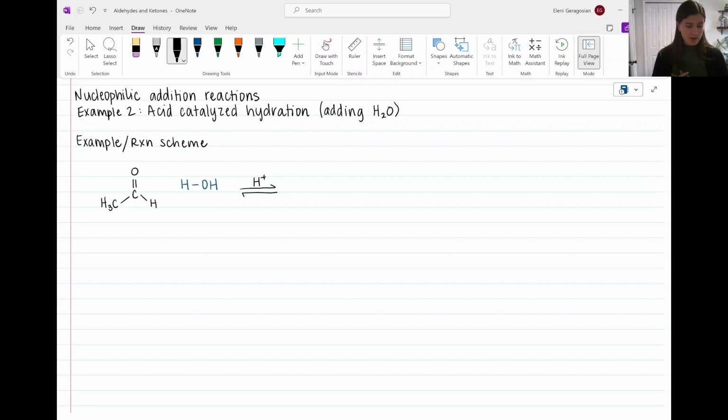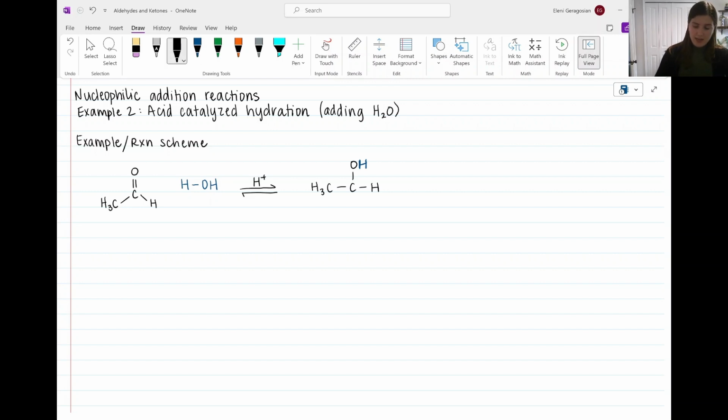The result of this reaction is, again, of course, addition to the carbonyl carbon. That carbonyl carbon is still bonded to the hydrogen and the methyl group. It's bonded to the original oxygen, but now that's a single bond, and that oxygen has a hydrogen.